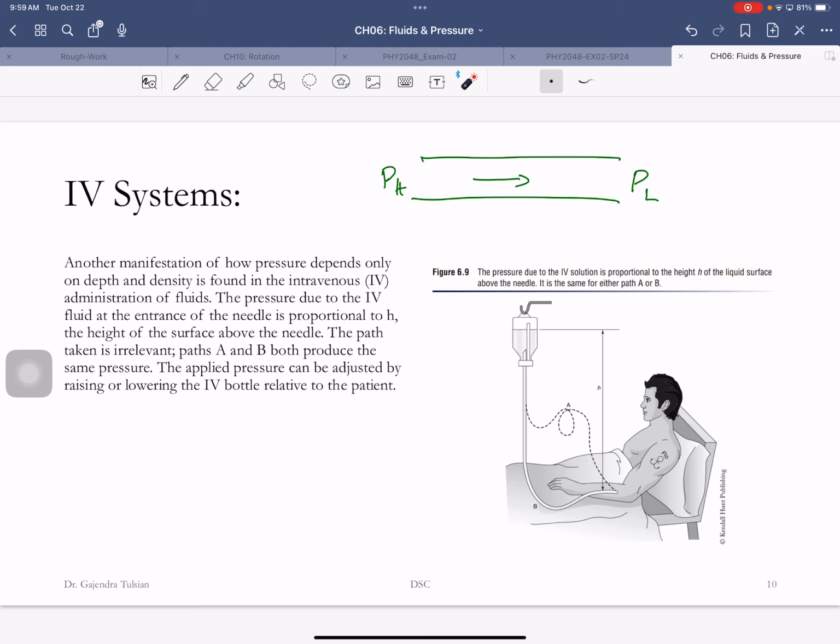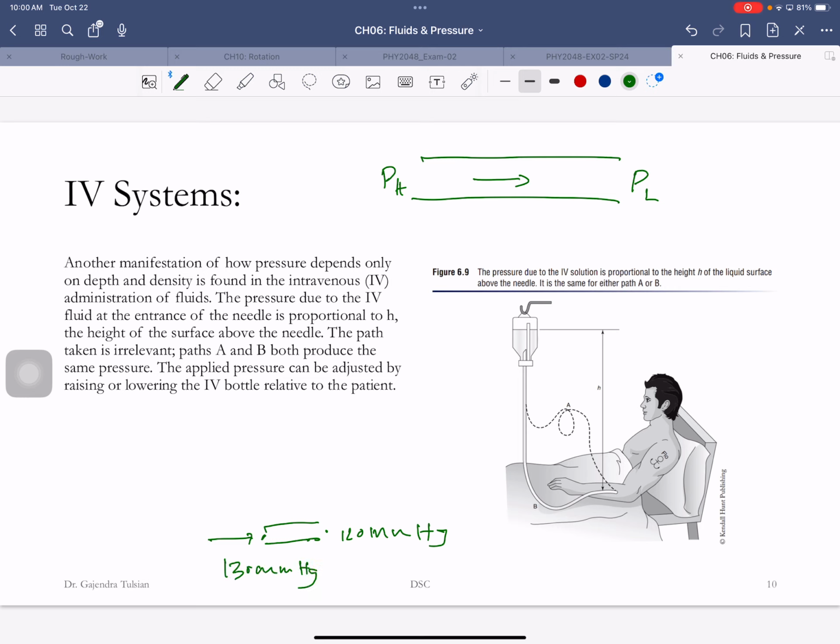So here's the needle. I'm just drawing the needle. And here the pressure is 120 millimeters of mercury. That's your blood pressure. So the pressure of the fluid at this point should be higher than 120 millimeters of mercury.